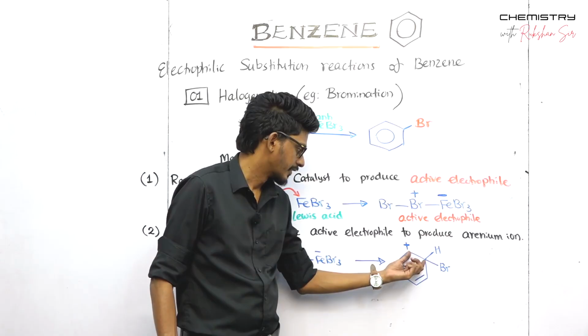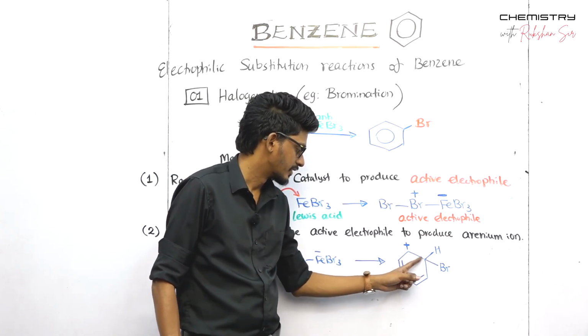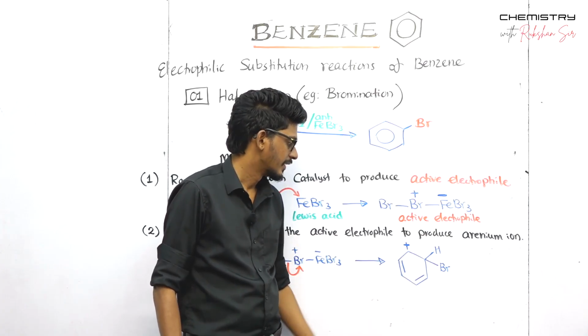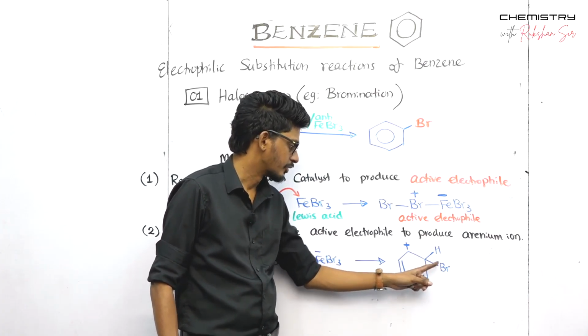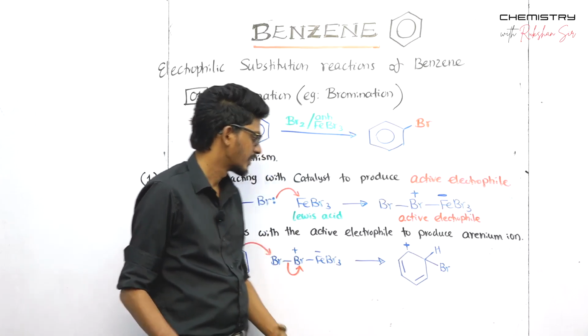When the electrophile connects to one of the carbons which earlier had the double bond, the other carbon gets a positive charge. That is what happens here.